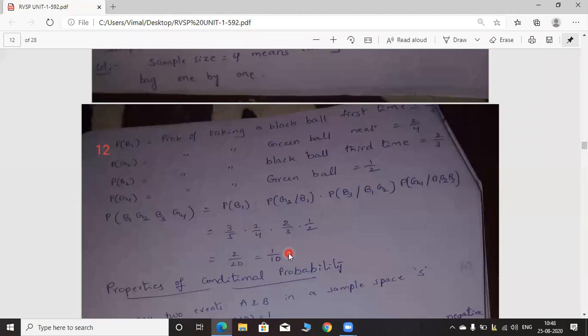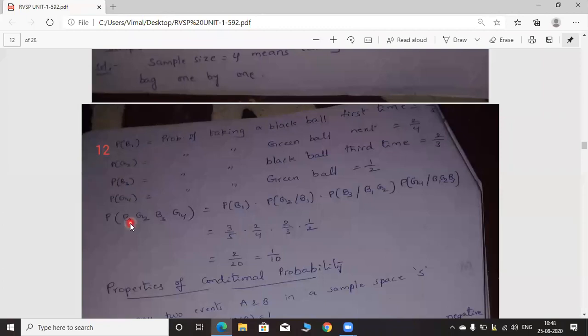Okay. Is it clear? This problem is also based on the conditional probability concept, because one condition must be satisfied before calculating the actual probability. The first time we are picking the black ball, there is no problem.